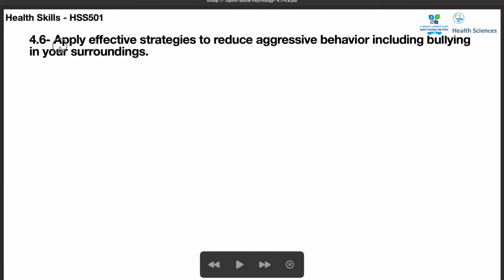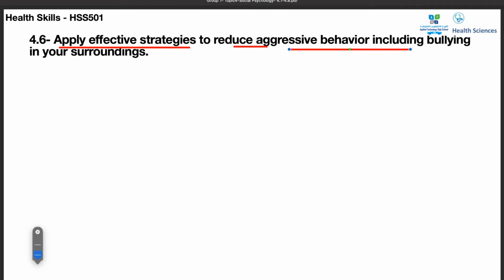Sixth one: apply strategies to reduce aggressive behavior, including bullying, in your surrounding. Just like in 4.2, where you used strategies to build a positive relationship, here you will use strategies to reduce aggressive behavior.